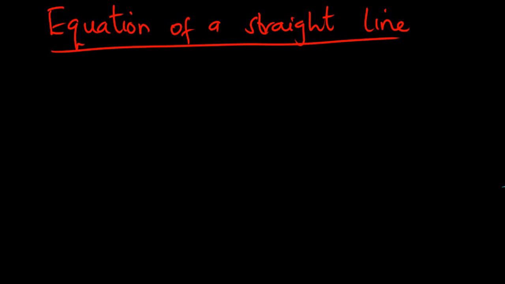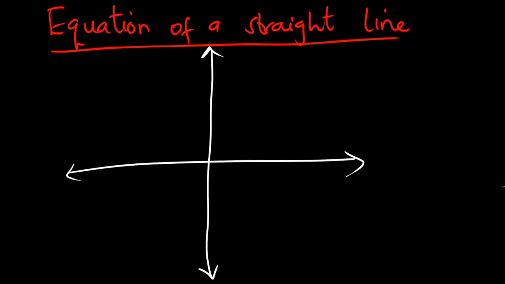So let me just do a recap of what we did. If this is a Cartesian plane and we have, let's say, a line that way, we said that given 2 points, we can get the gradient of a line.